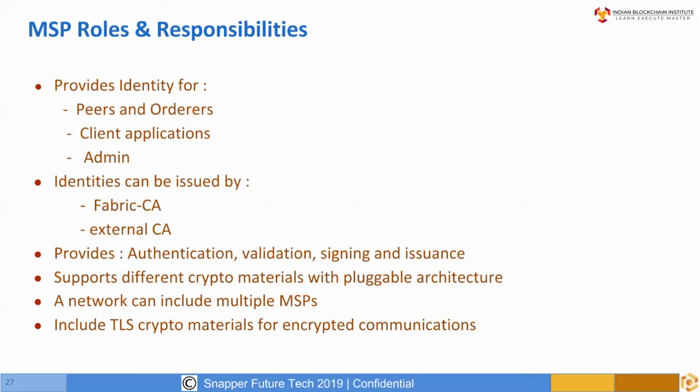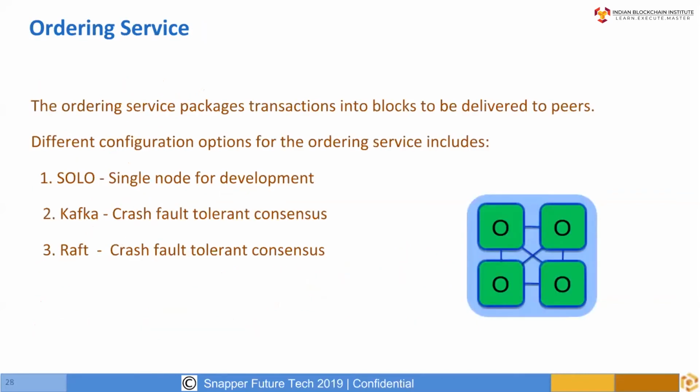It also includes TLS crypto materials for encrypted communication. It is not necessary to understand this in detail; TLS is a transport layer that is needed, but let's not go into detail.